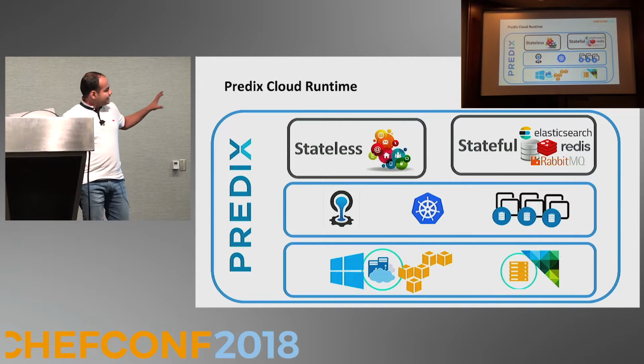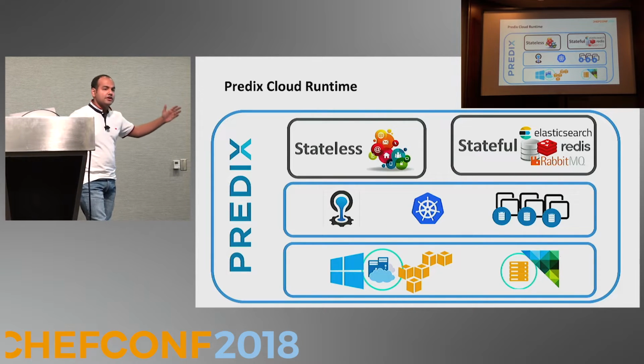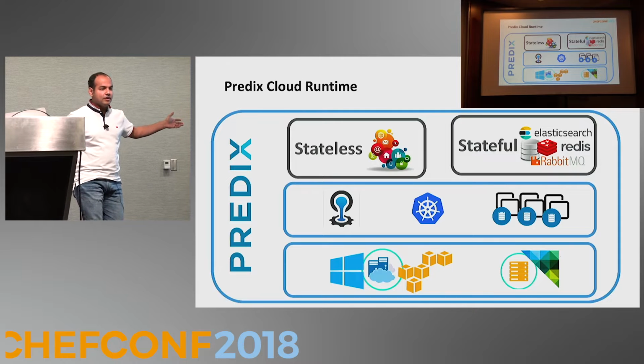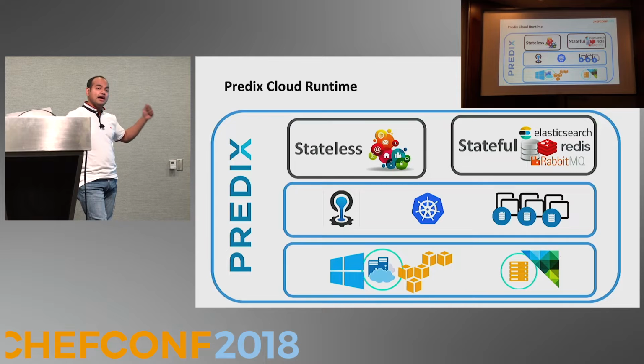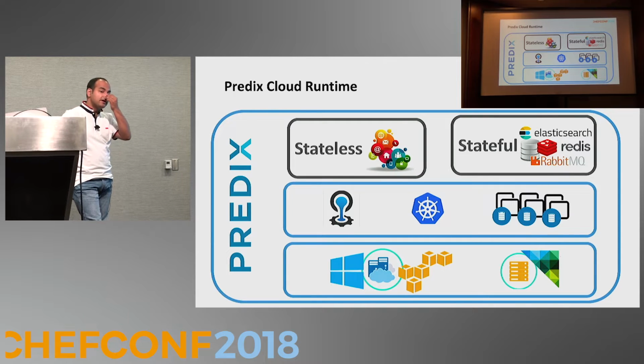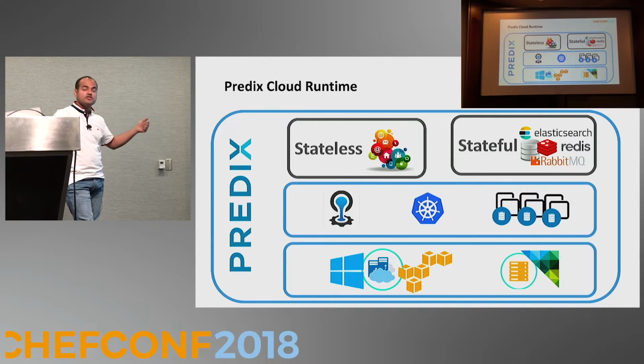To give you a little bit more detail on our cloud, it runs on different IaaS providers. So our cloud, we run it on Amazon, Azure, and on-prem. We have an on-prem offering as well, which runs on vSphere. It is primarily built on open source technologies like Cloud Foundry, Kubernetes, and virtual machines.